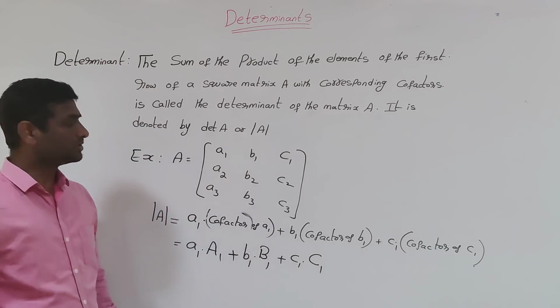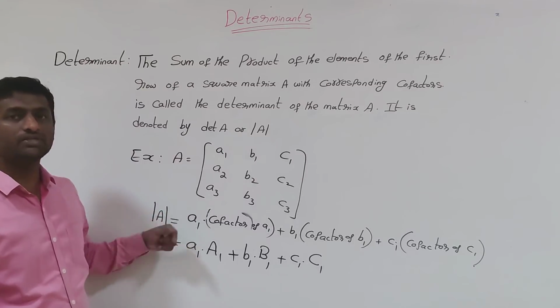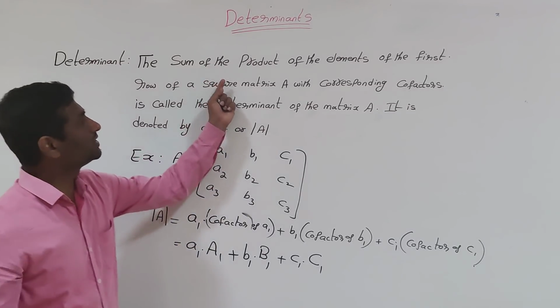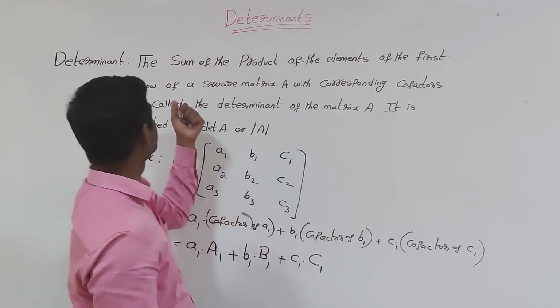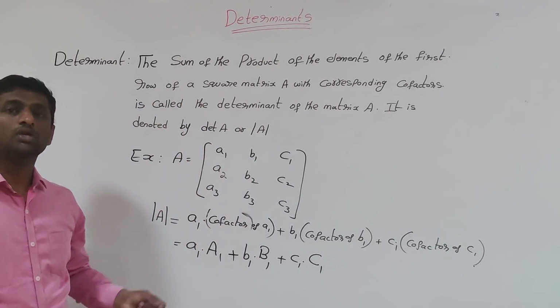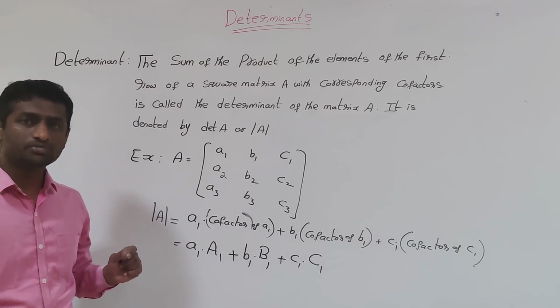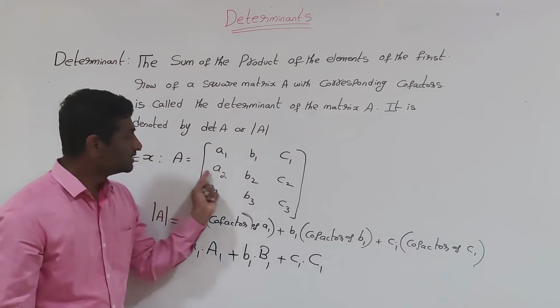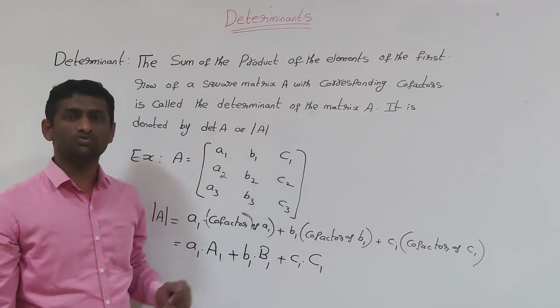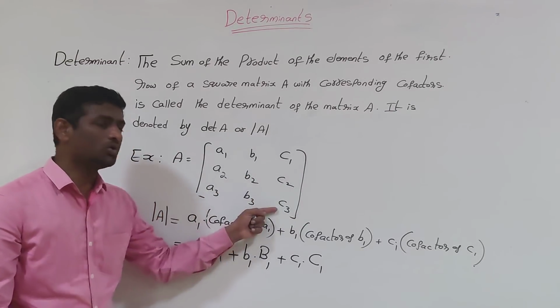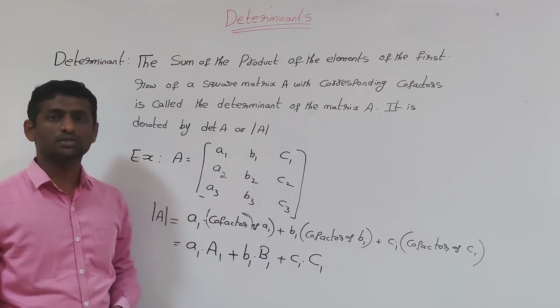Now we'll rewrite the definition of the determinant. As we have mentioned, it is the sum of the elements of the first row of a square matrix with their cofactors. Not only with the first row, you can find the determinant of a square matrix by using the second row and its corresponding cofactors, and the third row and corresponding cofactors.